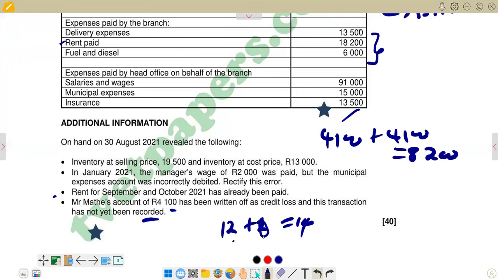To calculate these 2 months, we have to find the monthly payment, then multiply by 2 to get the 2 months. So we've got 18,200, and the total months for the 18,200 is 14 months. We divide by 14. Let's try to calculate that one. 18,200 divided by 14.